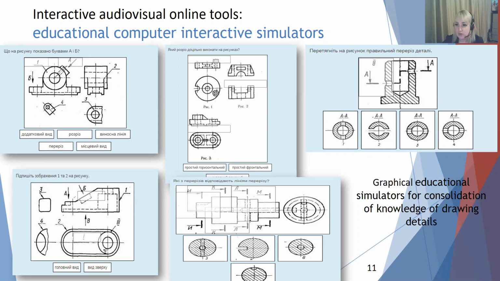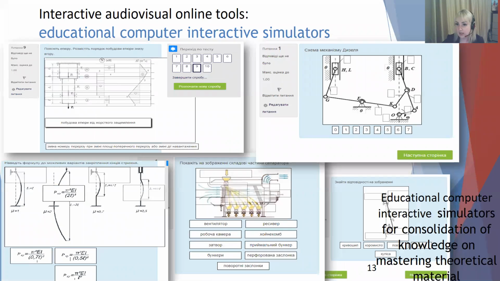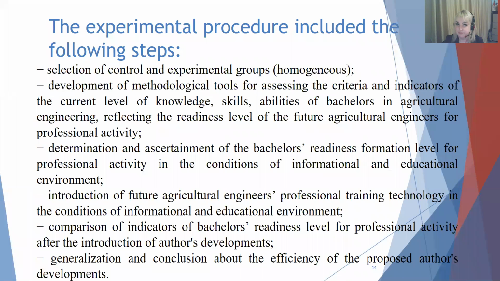For example, graphical educational simulators for consolidation of knowledge of drawing details, educational computer interactive simulators for consolidation of knowledge in solving engineering problems, and educational computer interactive simulators for consolidation of knowledge on mastering theoretical material.